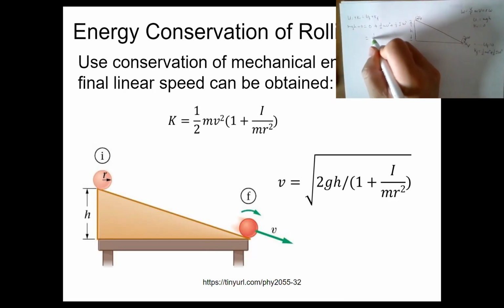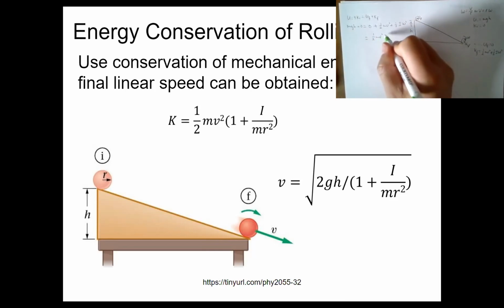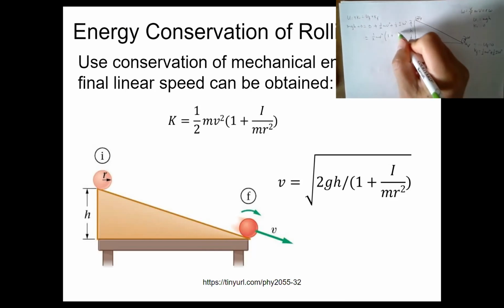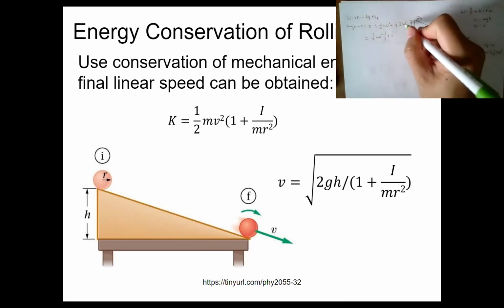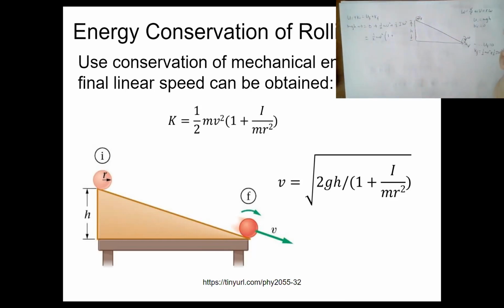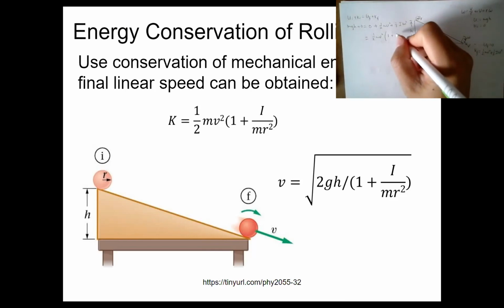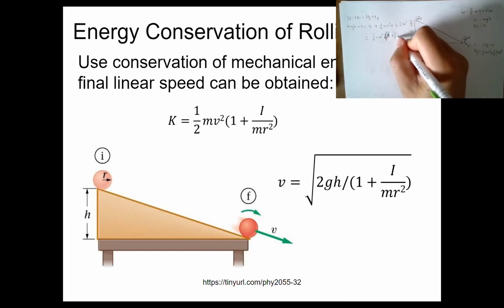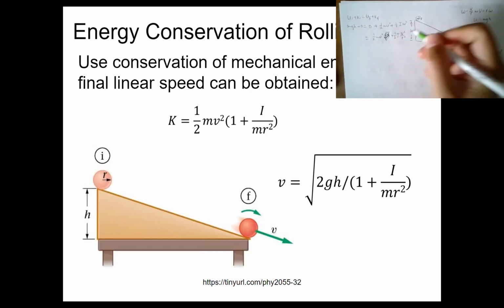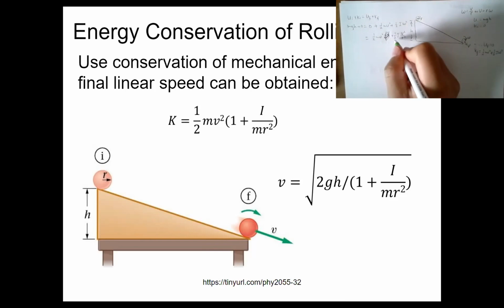Now, as we mentioned earlier, you can rewrite this. Since ω is equal to v over R, we get 1/2 mv² plus 1/2 I times v² over R².